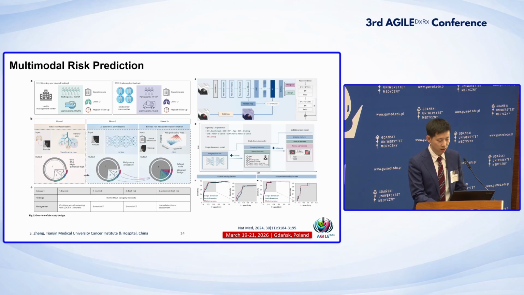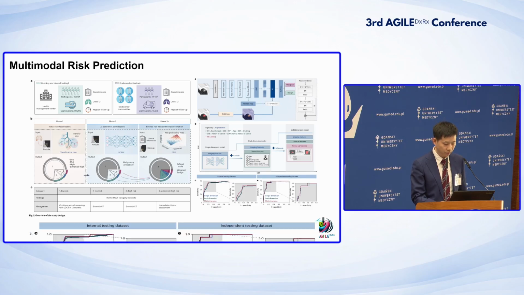So then the most recent models are the multimodal risk models. These models, for example this one, not only consider the clinical features, but also nodule features, and they incorporate follow-up information like the temporal changes of the nodules for lung cancer risk prediction.